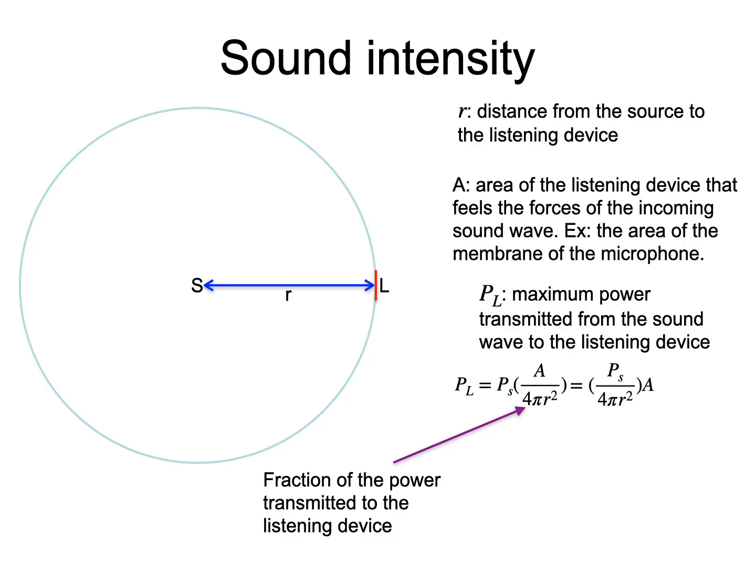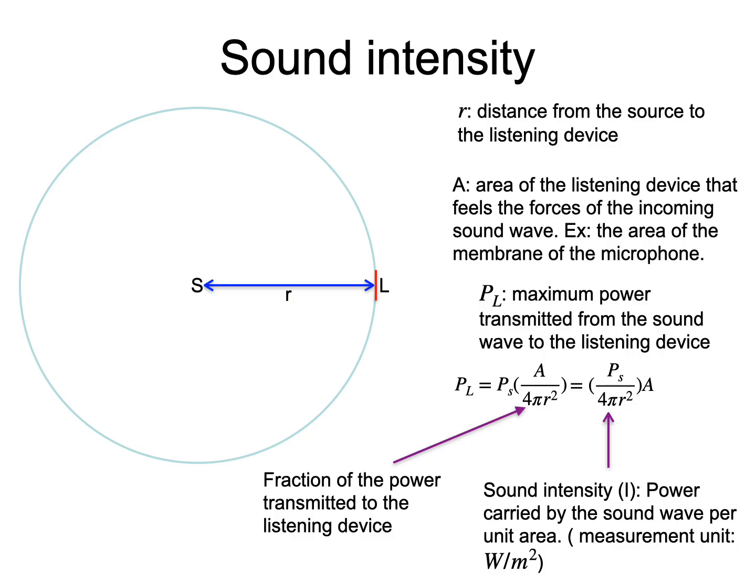The quantity in the bracket is the power carried by the sound wave per unit area and is called the sound intensity. The variable name capital I will be used for sound intensity. The measurement unit is watt per meter squared. Capital A is just a characteristic of the listening device.